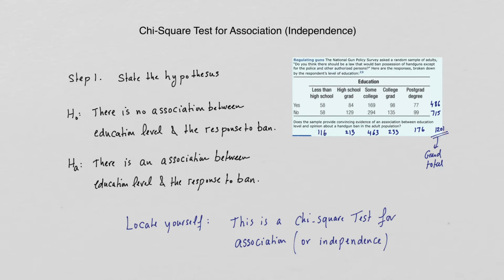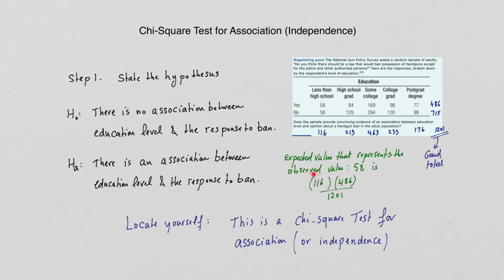So the expected value, I'll put it in green, the expected value that represents the observed value called 58 is 116 times 486 divided by 1201. Notice this is a ratio. This is a percentage times a particular number. That gives you the expected value.